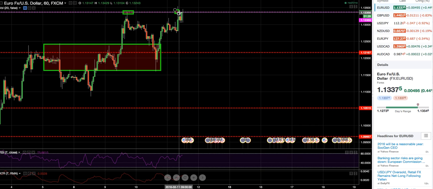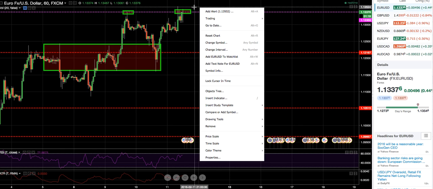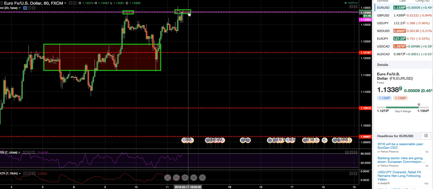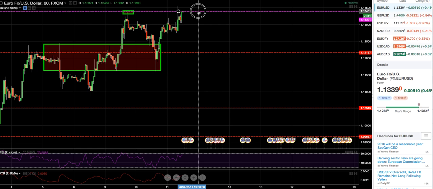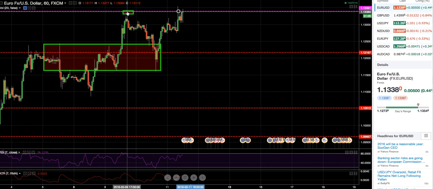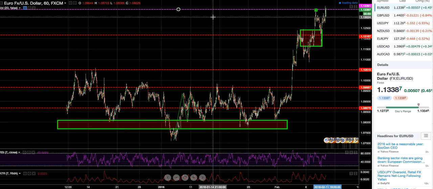It came up into the same level, got sucked back down, respect right here. The same thing is happening on the current candle. If I adjust the line so it matches exactly to the previous high right here, you can see we do not close above, so there is still respect there. So let's check out if we can find why there is respect there.